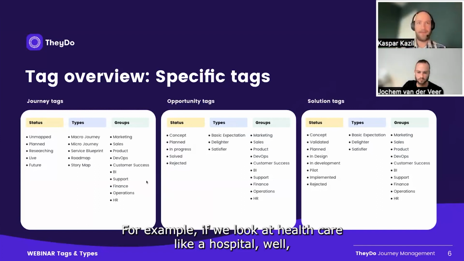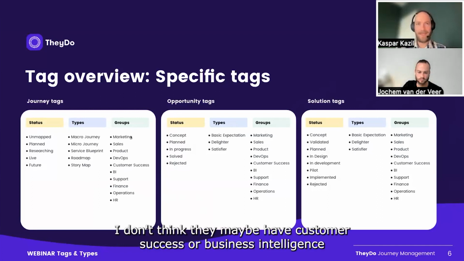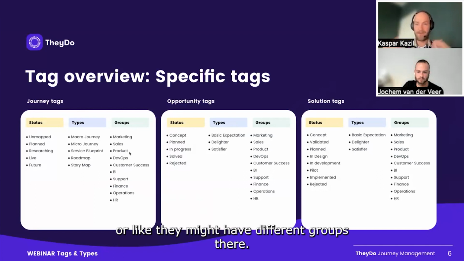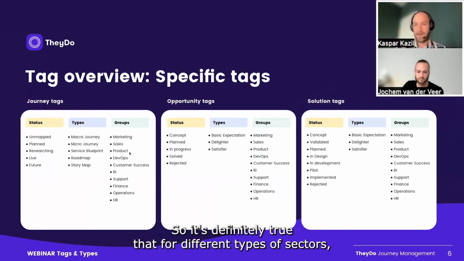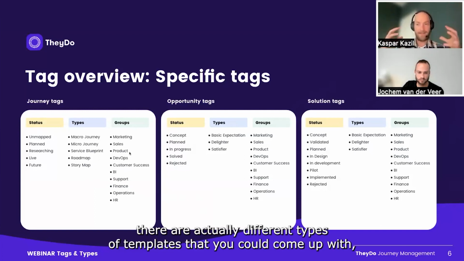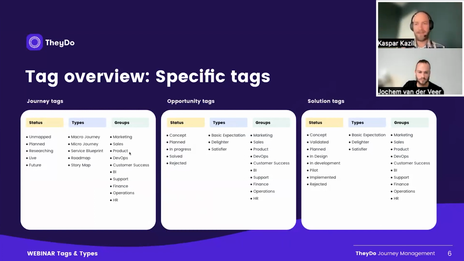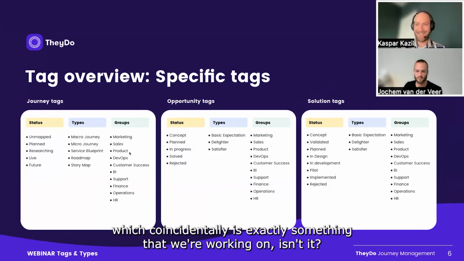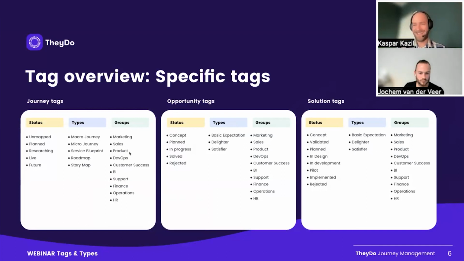For example, if we look at healthcare, like a hospital, I don't think they have customer success or business intelligence, or they might have different groups there. So it's definitely true that for different sectors there are different types of templates that you could come up with, which coincidentally is exactly something that we're working on, isn't it?